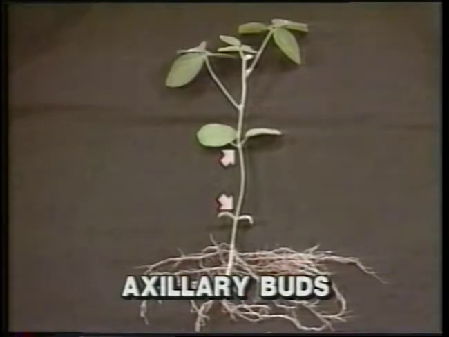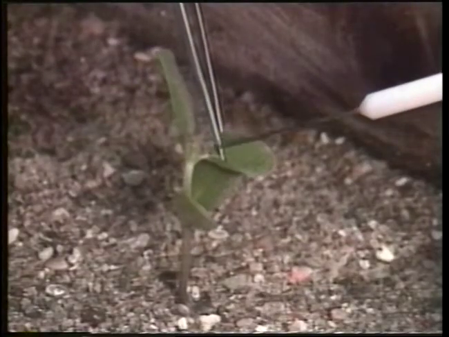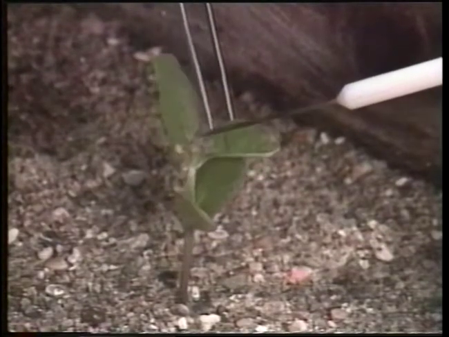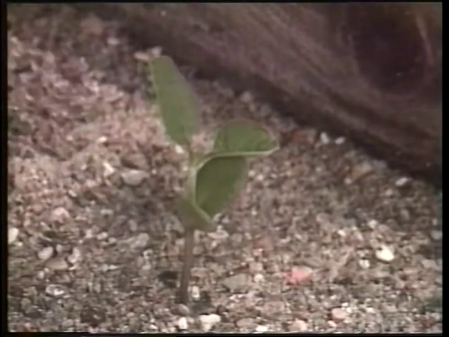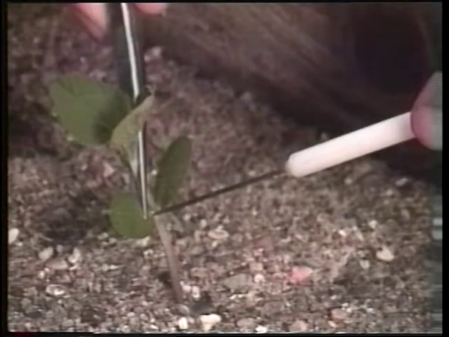These buds can result in vegetative growth, such as branches, or reproductive growth, such as flowers. The apical bud, or growing point, is the topmost bud on the stem and is enclosed in the youngest developing leaf. New stem growth develops from the apical bud. Growth can resume from axillary buds if the apical bud is destroyed.